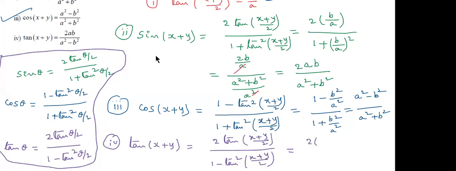Now 2 into numerator b by a and denominator 1 minus b square by a square. So numerator 2b by a, denominator take the LCM, a is going to cancel. Finally you will get 2ab by (a square minus b square). See that? Fourth bit also we got the answer.